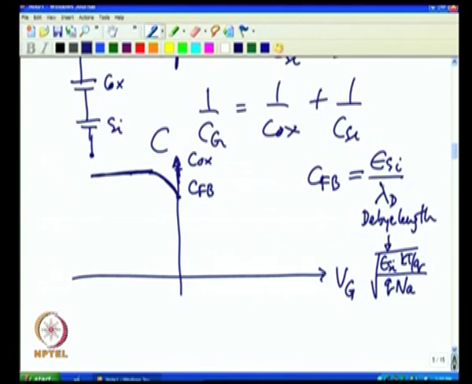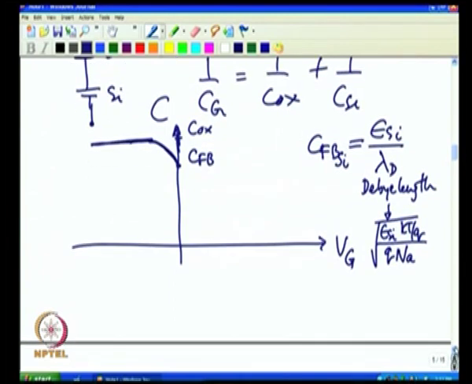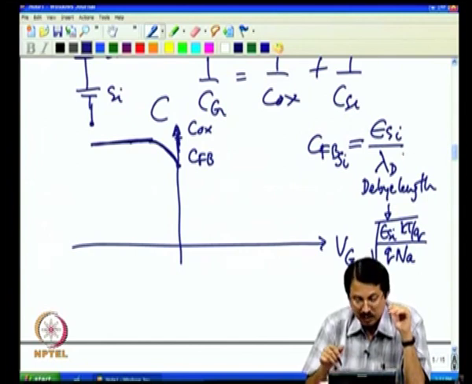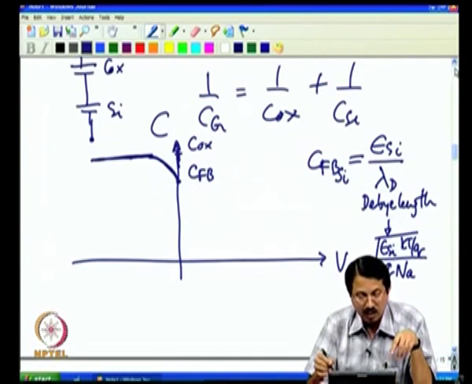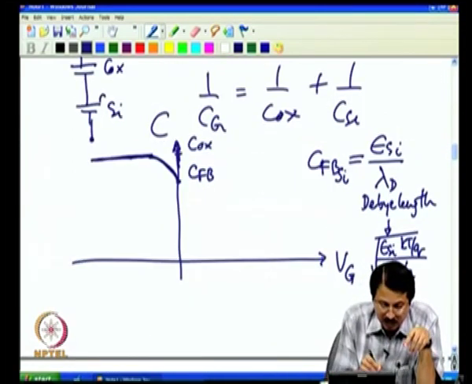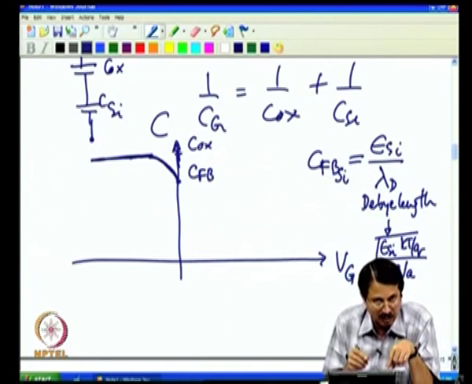Of course, this is flat band capacitance in silicon, that again is in series with Cox, and again you compute the equivalent capacitance. So, let me define this as CFB silicon. When I have a flat band condition, this is the silicon capacitance. As I have shown here in this picture, this C silicon is in series with Cox.